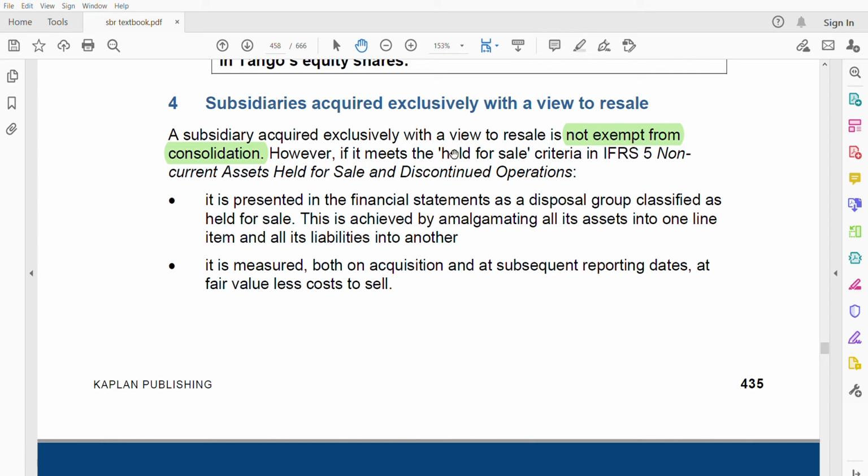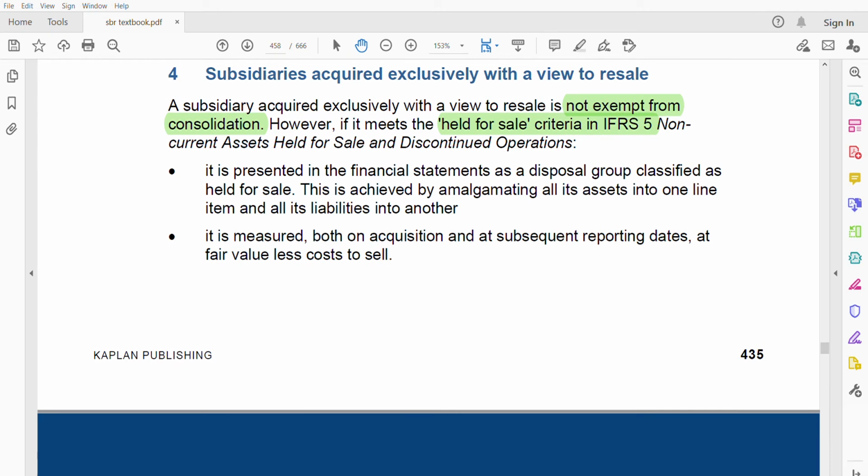But if it meets the held for sale criteria in IFRS 5, then you have to do these things. You cannot keep on consolidating at that time. Then it is presented in the financial statements as a disposal group classified as held for sale. You have to write it held for sale. This is achieved by amalgamating all its assets into one line item and all its liabilities into another.